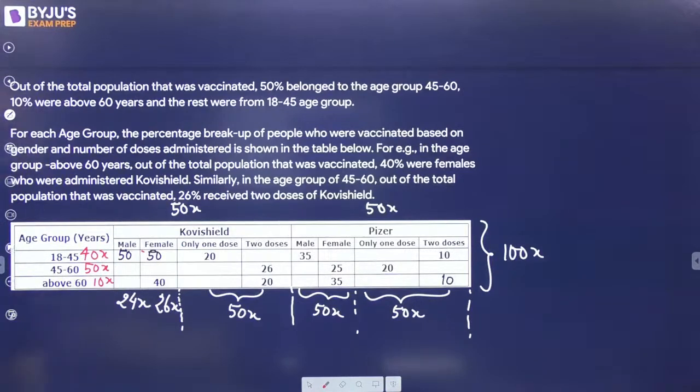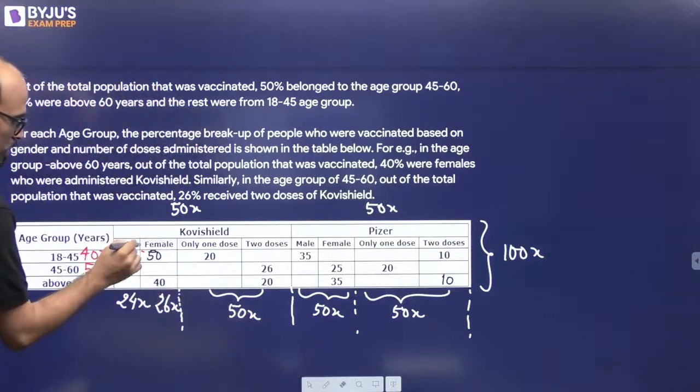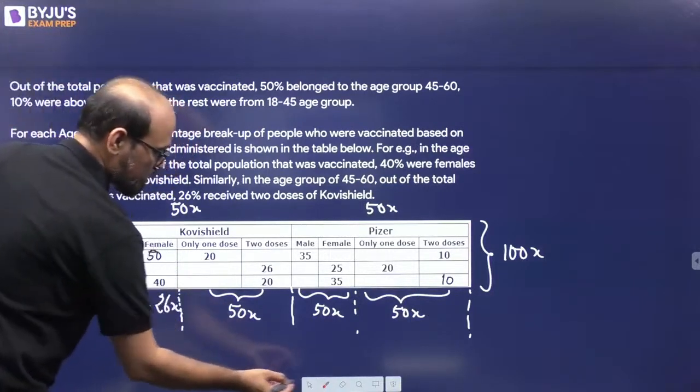Out of 100x people, 24% were male, so that is 24x. Okay. We really cannot do anything as of now. There is no relation in what we see here.